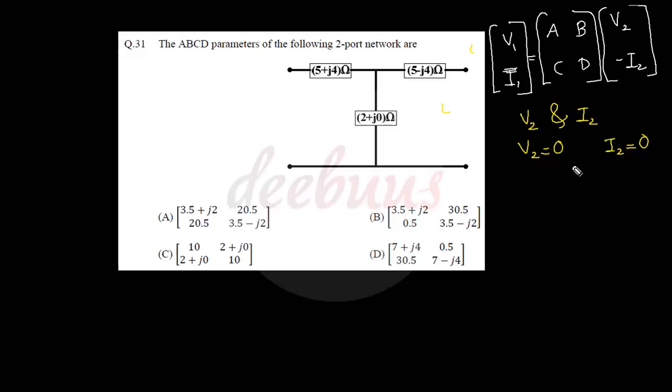As I mentioned, there are two independent variables, either V2 equal to 0 or I2 equal to 0. By checking the circuit, if I make V2 equal to 0, that means shorting the output port, it looks like this. But if I make I2 equal to 0, the circuit may be much simpler. The circuit consists of only this part.